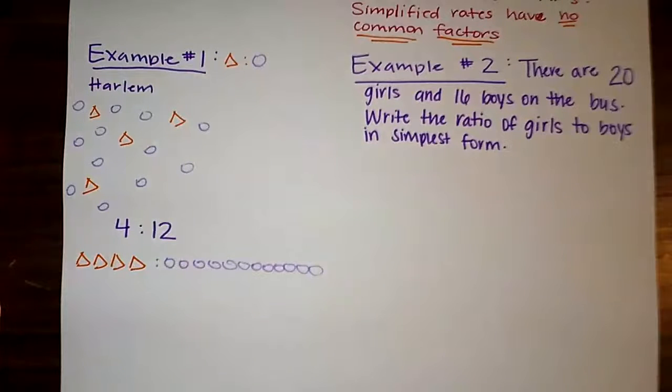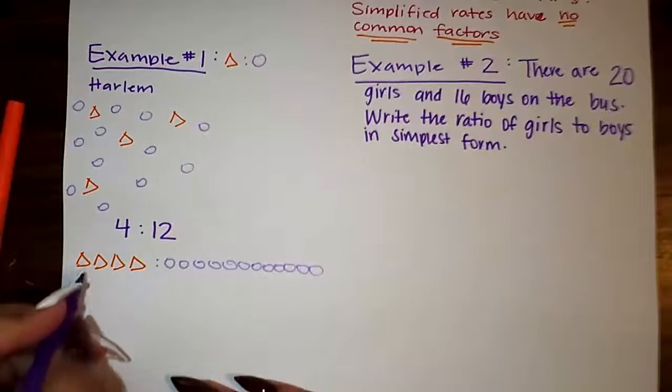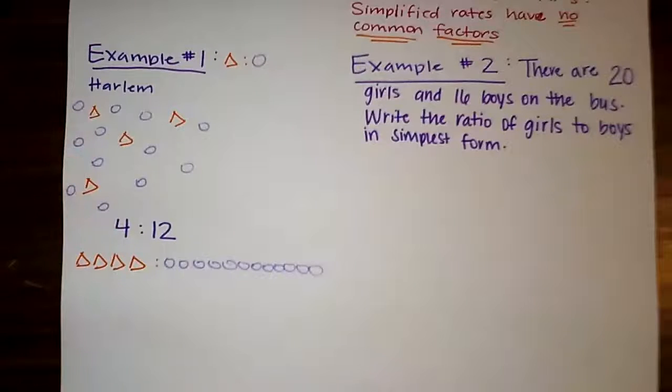I want to break this ratio down into its simplest terms, meaning the 4 triangles and 12 circles have no common factors. Well, the first thing we can do is see what I would get if I had one triangle. If I break this into groups to have one triangle, that means I would break this into 4 different groups.